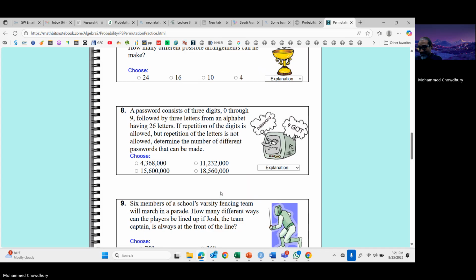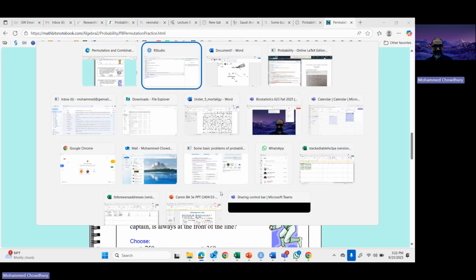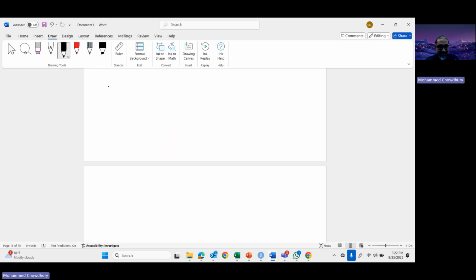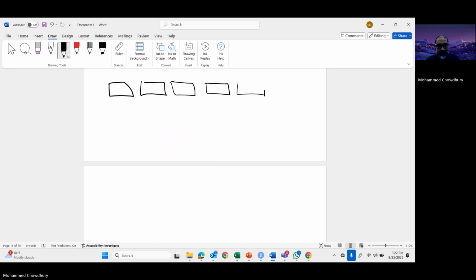Okay, and it should be 6, right? A password will have positions 1, 2, 3, 4, 5, 6, right? So these positions could be occupied by one of the 10 numbers, because repetition of the number is okay.